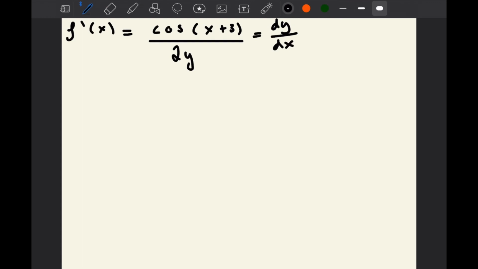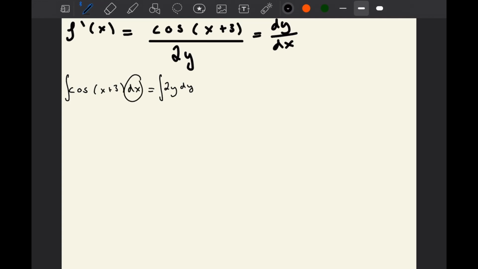Alright, so now let's work with this. This is simply like cross multiplication: you're going to have cosine of x plus 3 dx is equal to 2y dy. Then we want to integrate both sides, which is going to give us our original function.